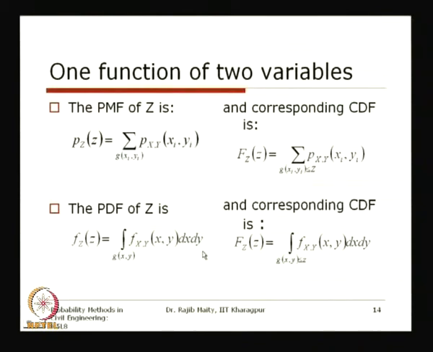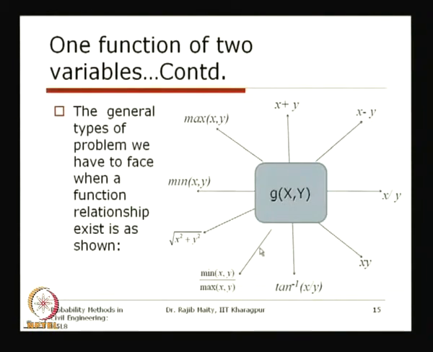Similarly, if we want to know the CDF, it should be less than or equal to that specific value of z, and over that range we integrate over both random variables X and Y, and then we will get the corresponding CDF. We will see it in a particular application in a minute.